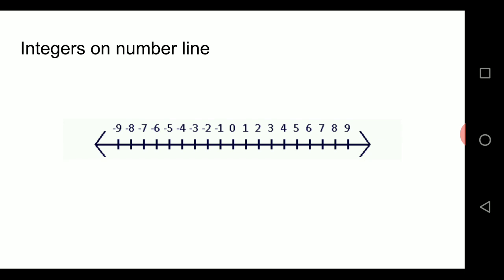Similarly, on the other side of 0, you have all the negative numbers, which are less than 0: negative 1, negative 2, negative 3, negative 4, and so on. This is what the integer line looks like on a real number line.